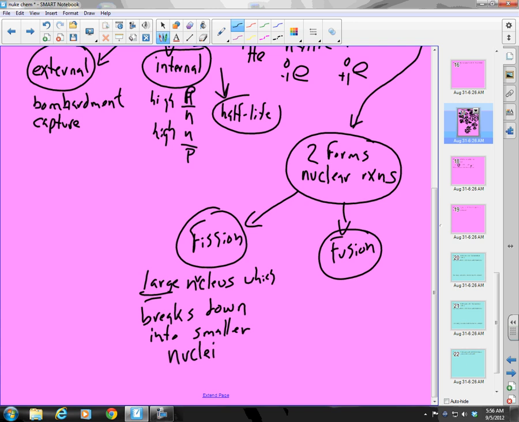Okay, so I have a bigger nucleus that breaks down into smaller nuclei. Fusion's just the opposite. Fusion is smaller nuclei react with each other to form a larger nucleus.